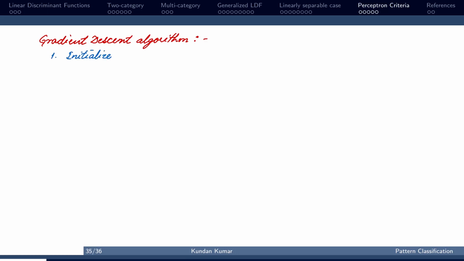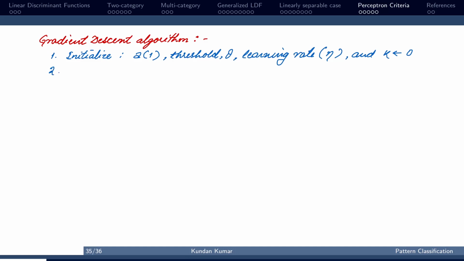We initialize a1, threshold theta, learning rate, that is called eta, and set k equal to 0. In the next step, we update the value of k by k plus 1.